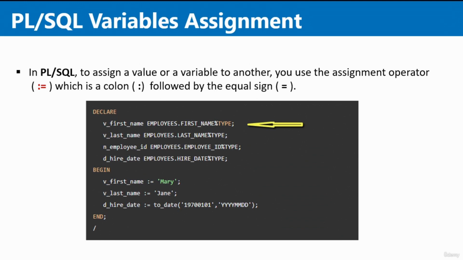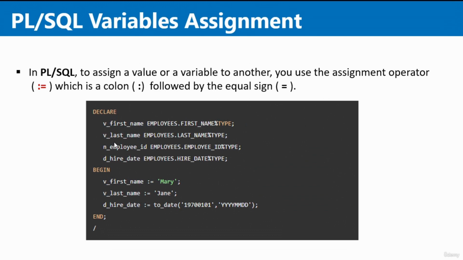So I'm using %TYPE here to specify that I want to use the data type that this column, which is called first_name, in this table called employees, uses. I'm going to use whatever data type that this column uses for this variable, which is called v_first_name.